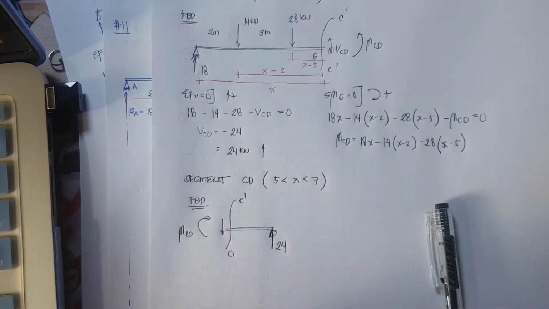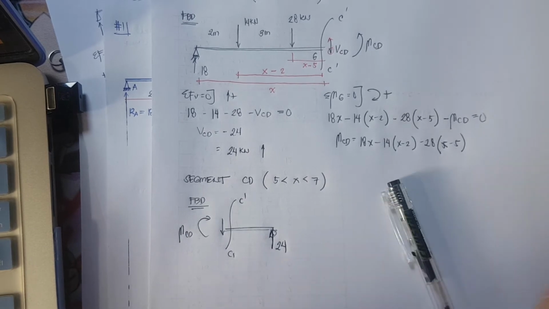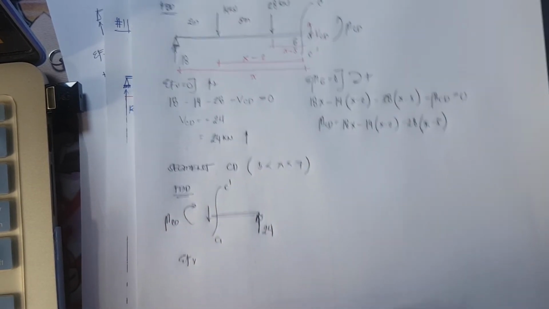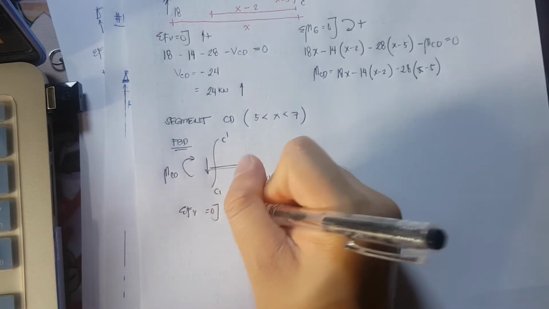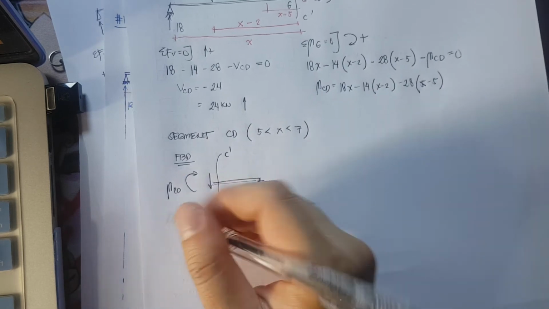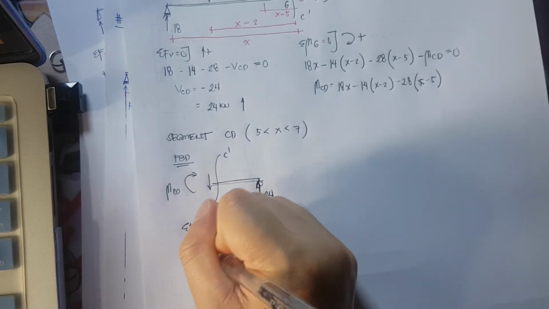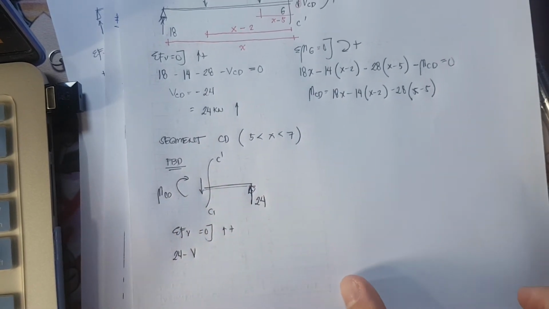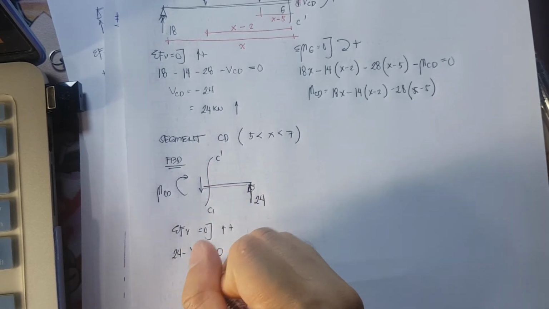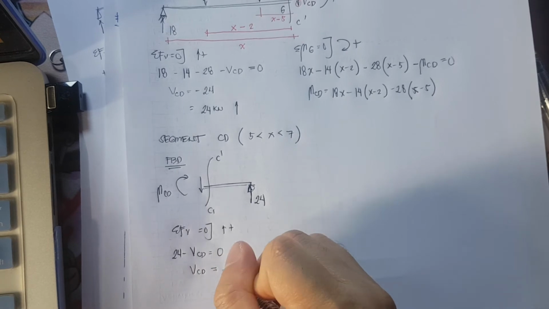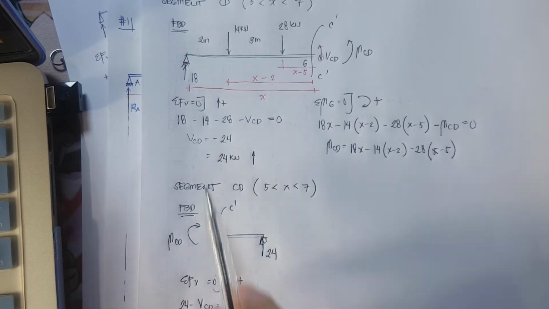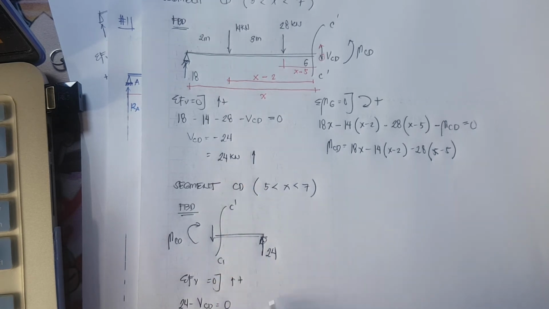Okay. So having that, summation of forces vertical is equivalent to 0. All forces pointing upward should be positive. So I have 24 minus shear CD is equivalent to 0. So shear CD is equivalent to 24 kilonewtons. So they are the same. Okay.